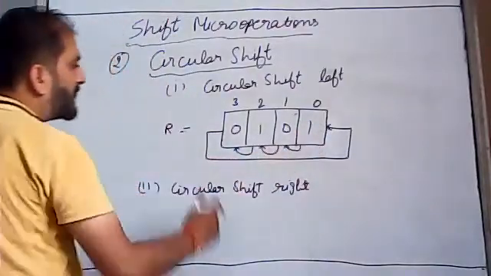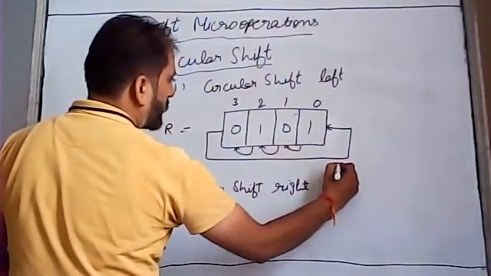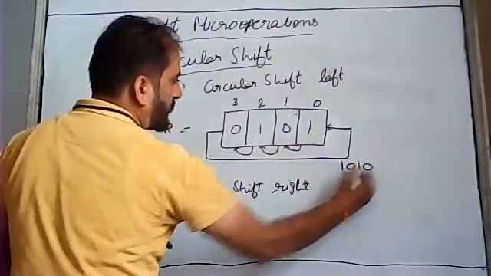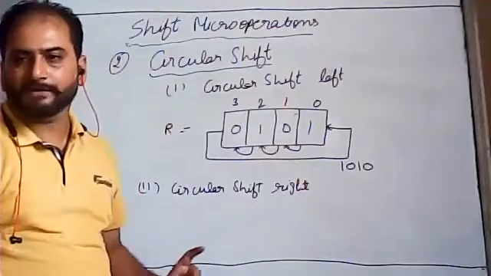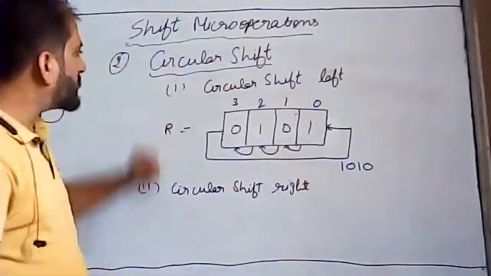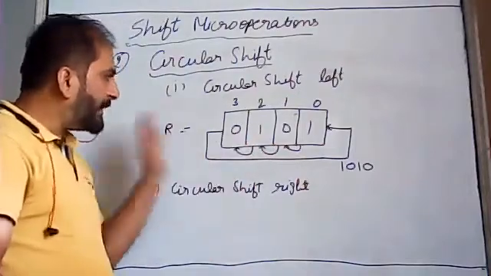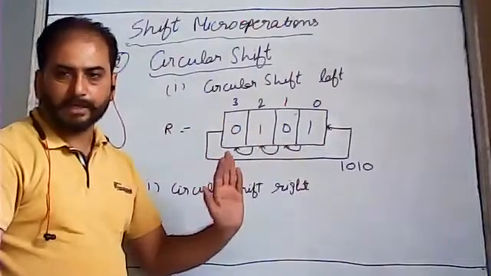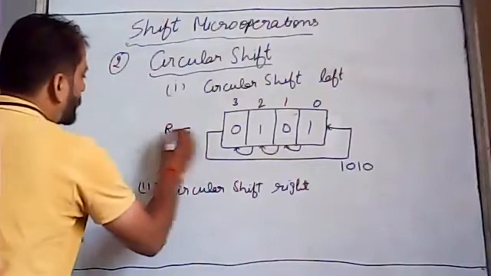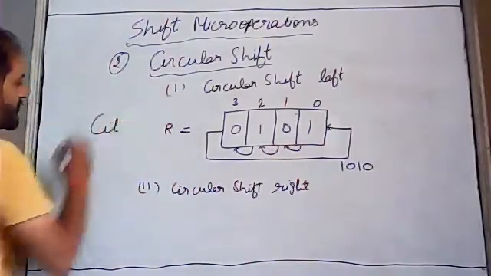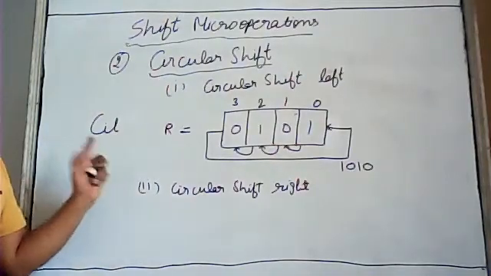So the output of this will be 1, 0, 1, 0. This is the output of the circular shift left. In this circular shift, the data is not lost. Data rotates from one end to the other end. The symbol for circular shift left is CIL. CIL means circular shift left.